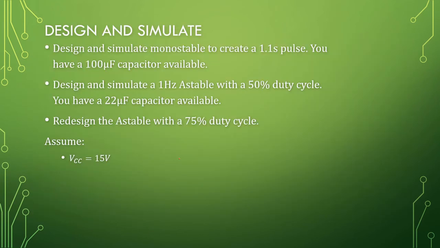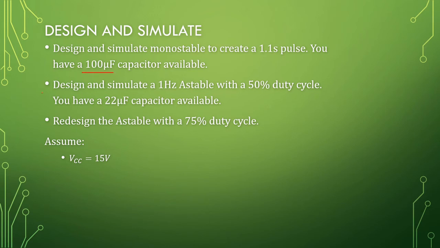We looked at this. The next point is to design and simulate two of these circuits. First, design and simulate the monostable to create a 1.1 second pulse. You have a 100 microfarad capacitor available to you.